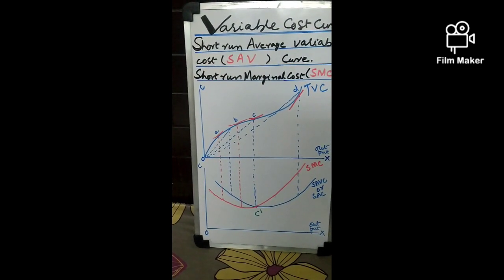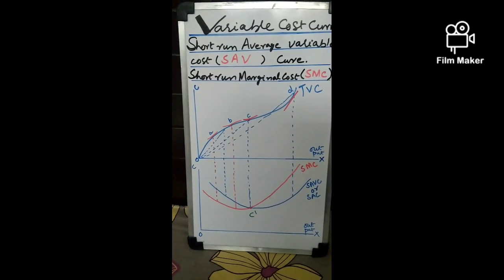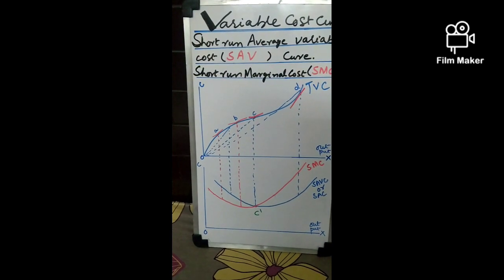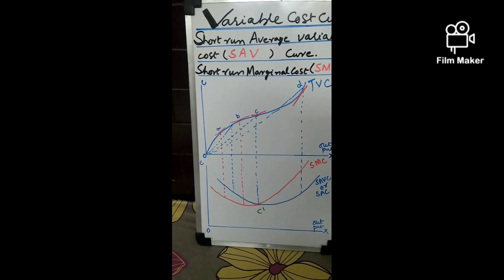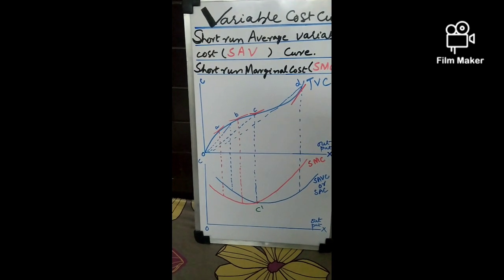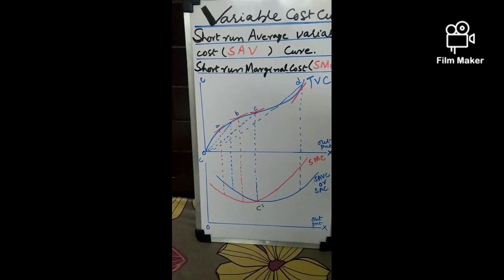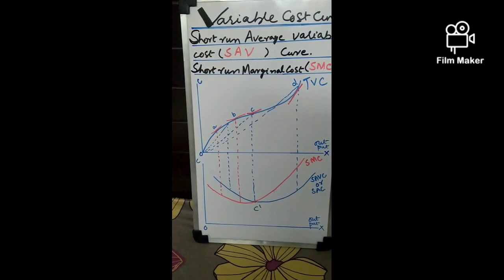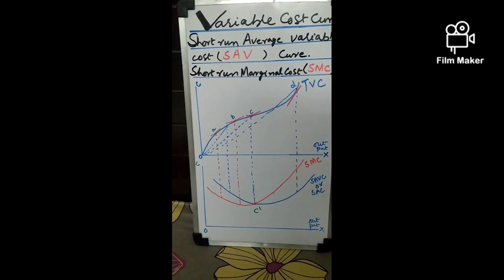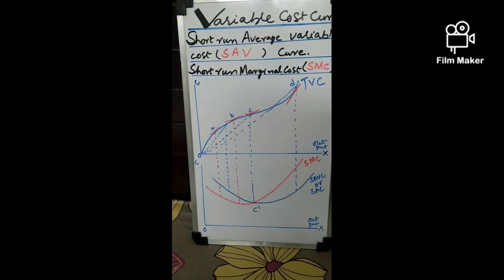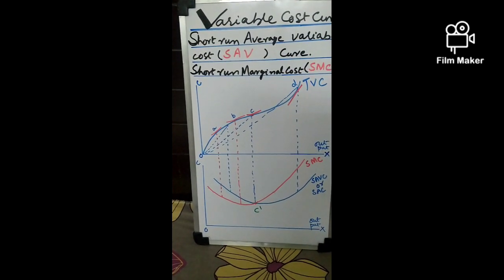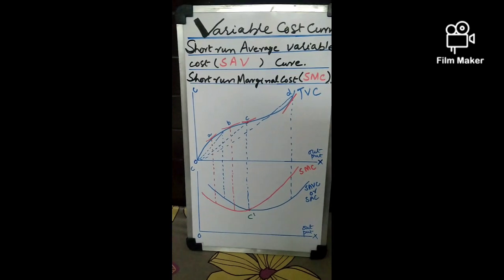You should observe here that the short run marginal cost curve cuts the short run average variable cost curve at its minimum point. When the average cost curve is downward sloping, the marginal cost curve is below it, then at the minimum point both are equal, and after that minimum point, when the average cost curve is rising, the marginal cost curve is above the average cost curve.